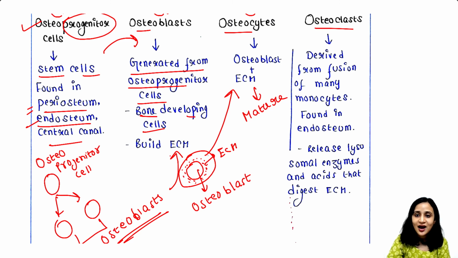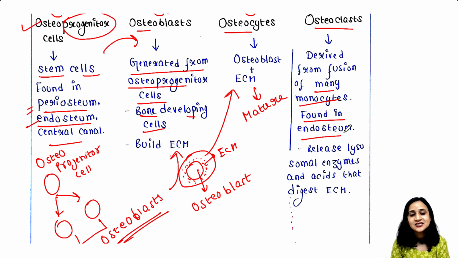And last one is the osteoclasts. So osteoclasts derived from fusion of many monocytes. Many monocytes, they get fused to form osteoclasts, and these osteoclasts are mainly found in endosteum. Endosteum, that is the membrane of the medullary cavity, and these osteoclasts release lysosomal enzymes and acids that digest extracellular matrix.